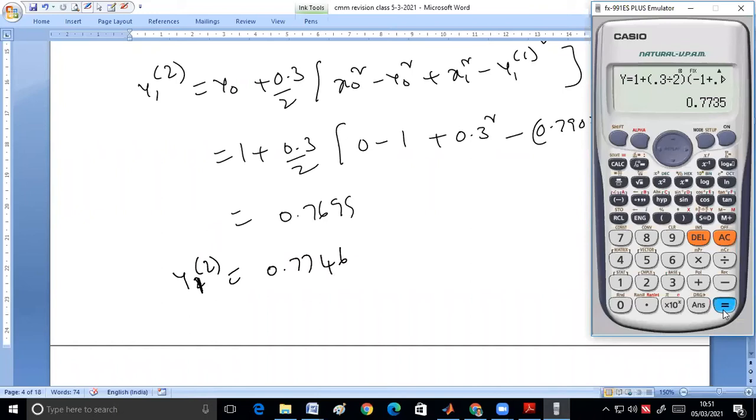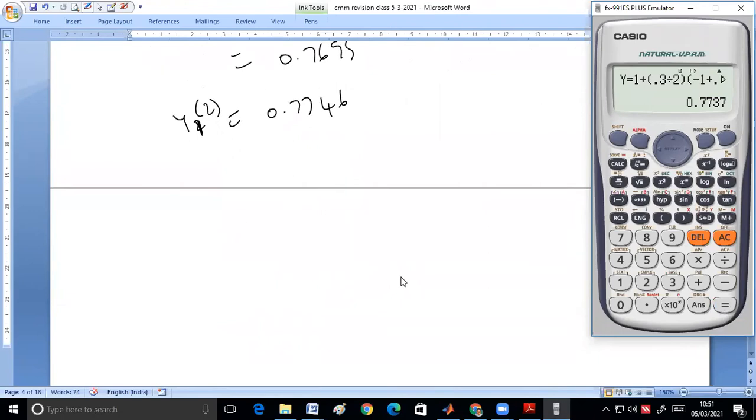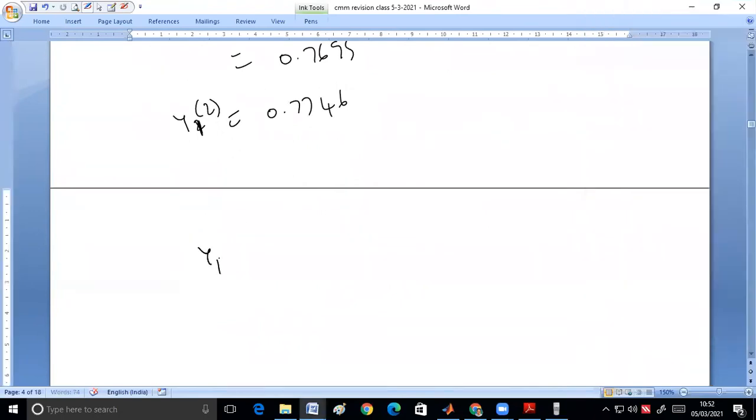Next, again repeat the same procedure, 0.7735, then 0.7738, 0.7737. Finally after 4 or 5 iterations, y1 becomes 0.7737. This is nothing but y of 0.3.